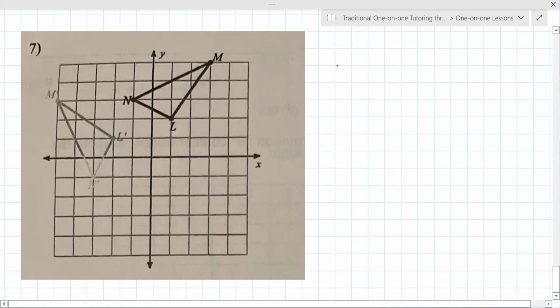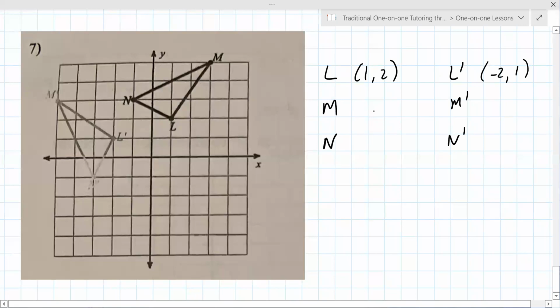So we can just shortcut this a little bit by just writing the coordinates, and then writing the coordinates of L prime, M prime, and N prime, and then showing that they're all this rotation here. So like L is 1, 2. L prime is -2, 1. M is 3, 5.